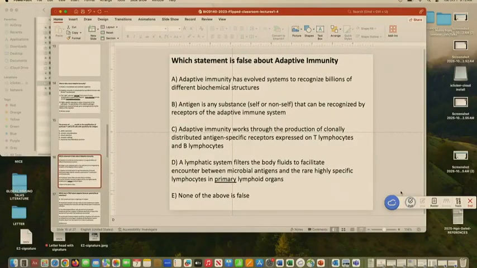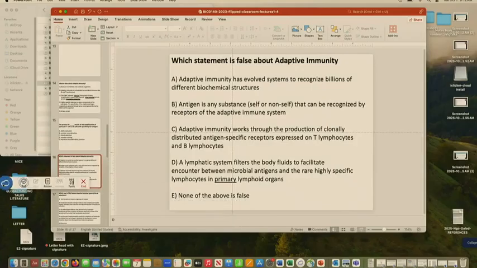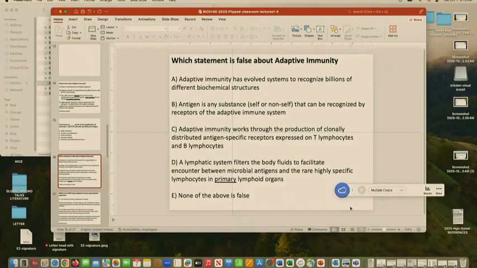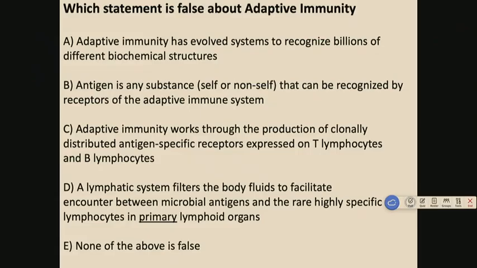So can any of you tell me why D is false? Why D is false? Yes. Why is it true? So it's false, right? It's false, that's why we select it.